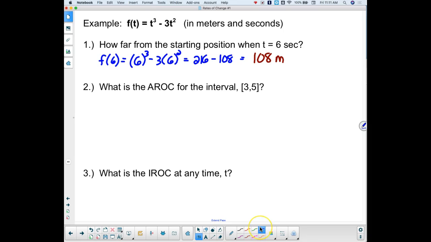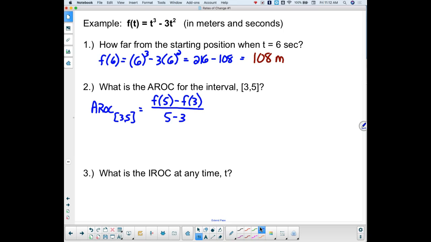For the average rate of change, this is going to be f of 5 minus f of 3 over 5 minus 3.